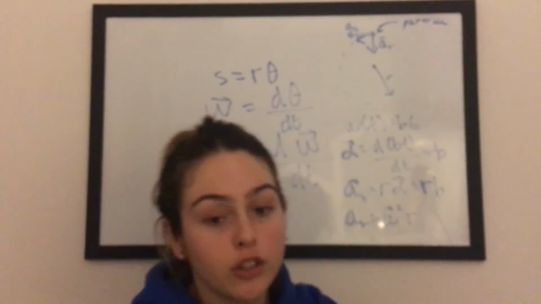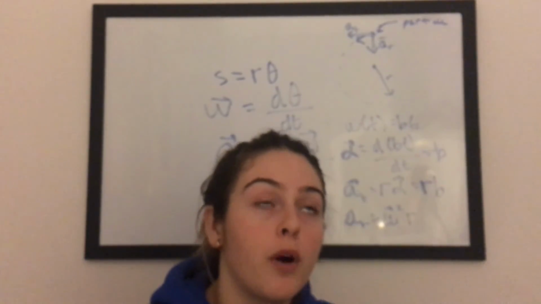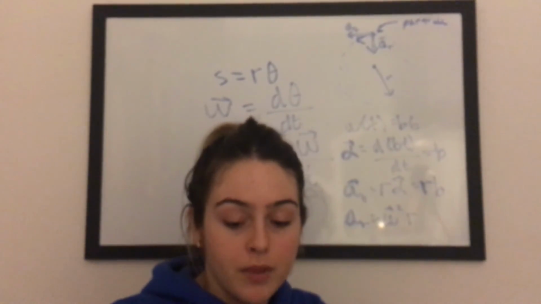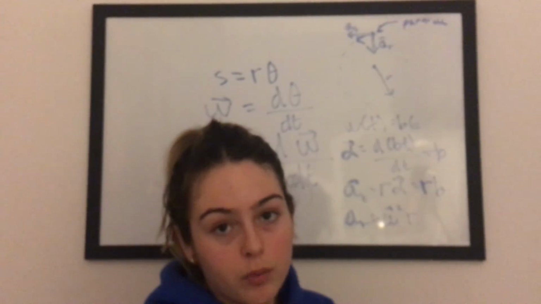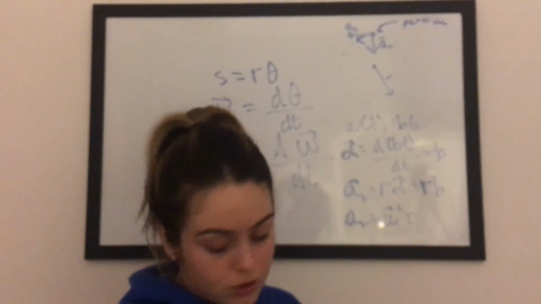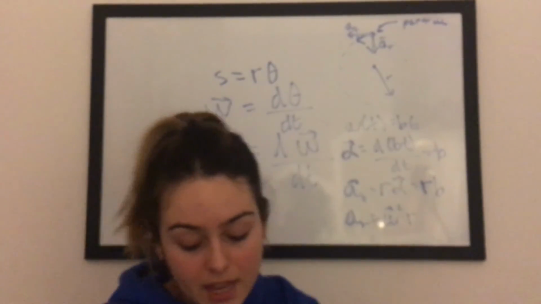So thus we can conclude that both components of the acceleration will point, one of them to the left as shown here, and one of them to the bottom of the page.